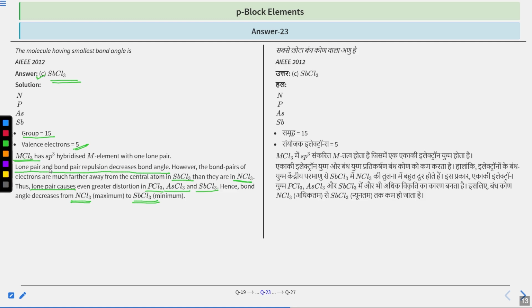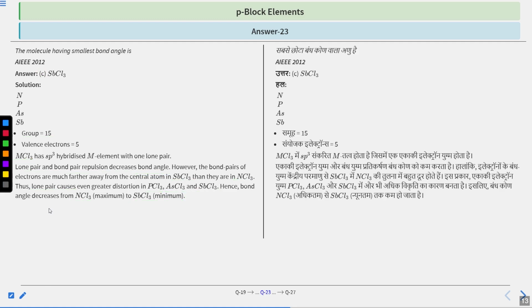M is any element which is belonging to the 15 group. Okay, so that's the thing, and you can see that it is written that bond angle decreases from NCl3 to SbCl3. That means NCl3 having maximum bond angle to the SbCl3 having minimum bond angle. And thus, the smallest bond angle will be found in SbCl3. Thus, our C option is the correct answer.